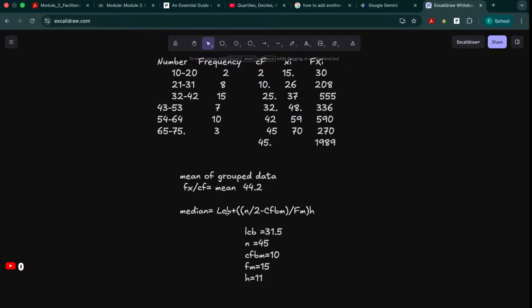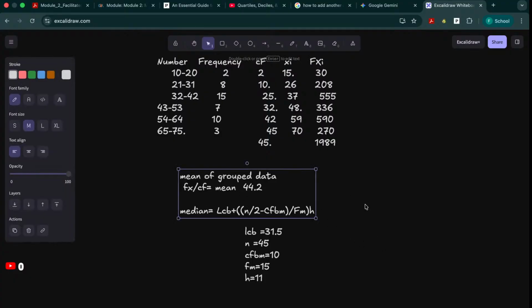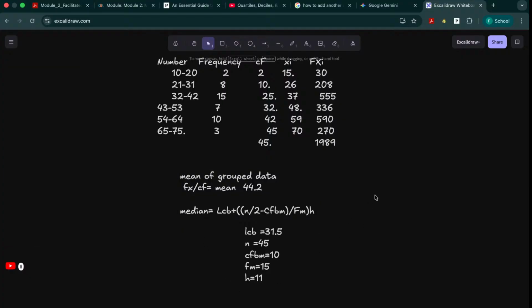So this is the formula for median for group data. I want to do it for mode.